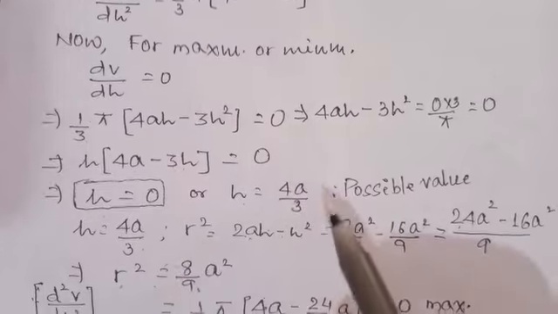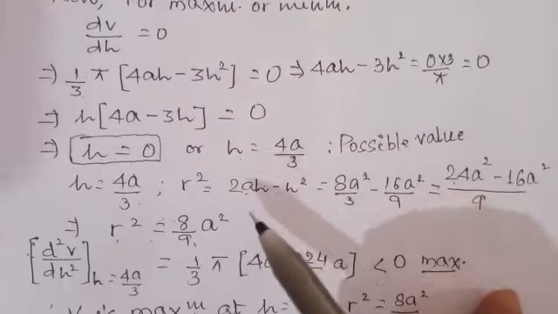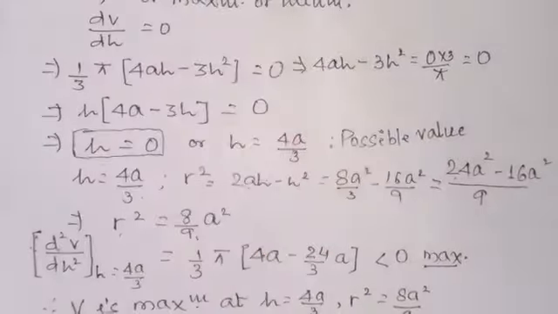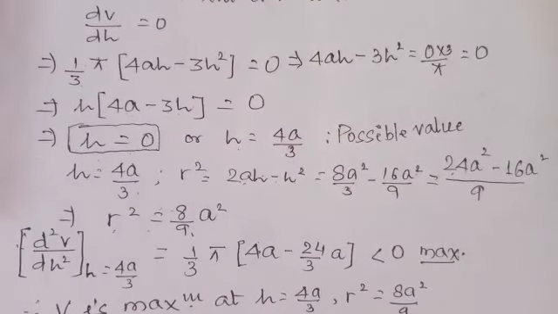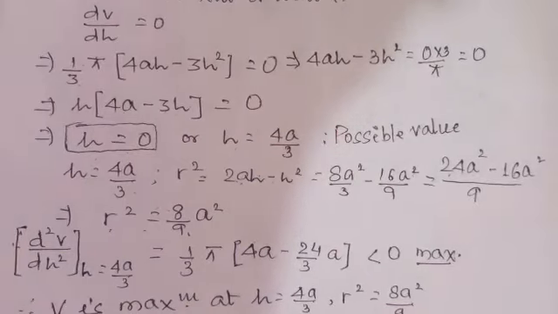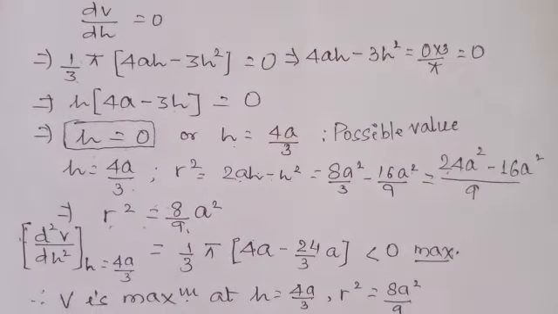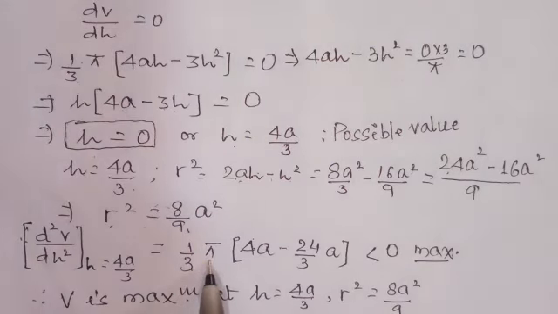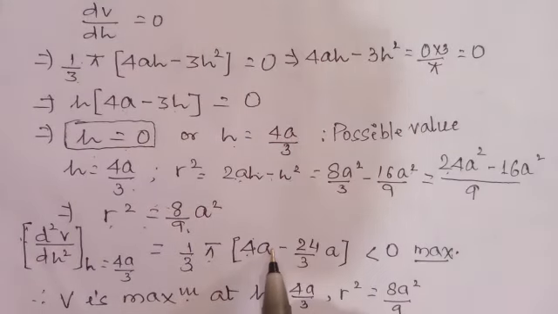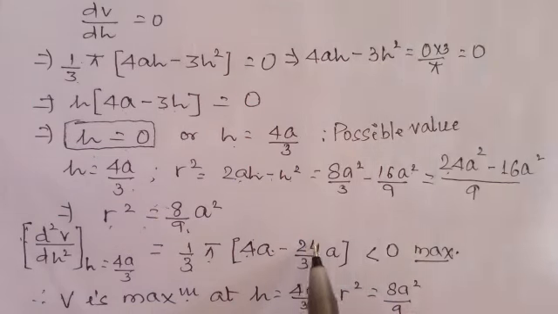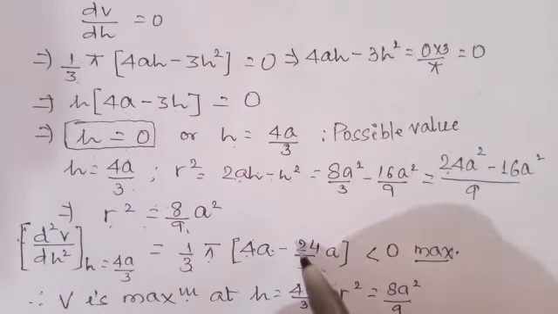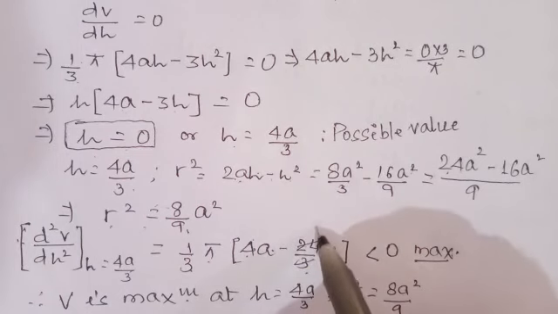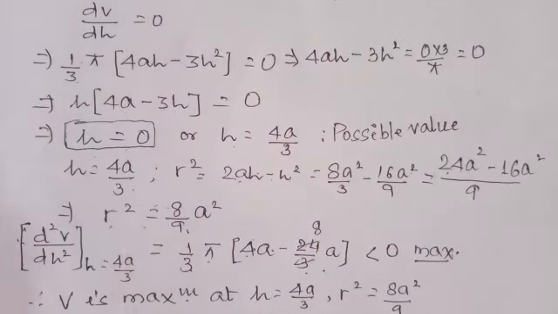Now put the value of h in d2v by dh square. So d2v by dh square at h equal to 4a by 3 is 1 by 3 pi (4a minus 24a by 3). 24 by 3 means 8.